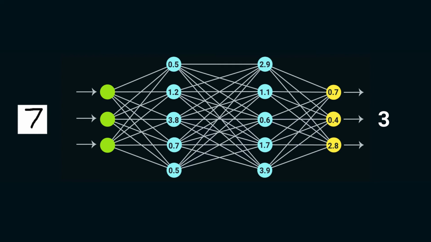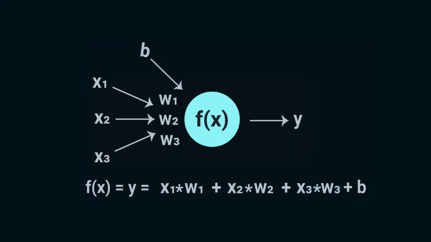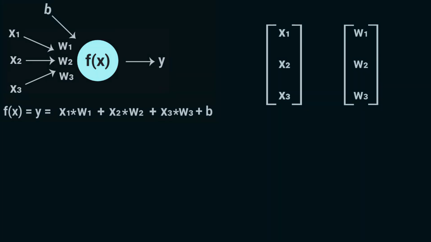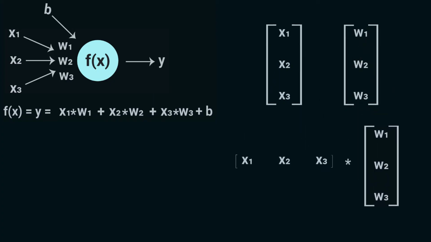Now let's see what operations are performed during the forward pass. Addition and multiplication are the basic operations that are performed. In the first part, we saw inputs are multiplied with corresponding weights and added together. Additionally, a bias may be added. Now, aside from bias, let's take the input vector and weight vector separately. Now, if we transpose the input vector and multiply it with the weight vector, then we get the same result.